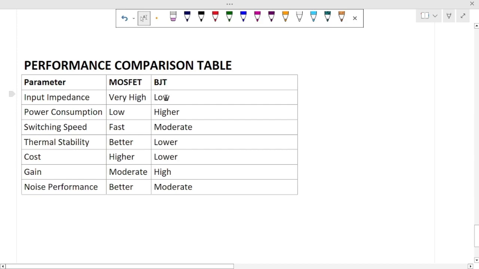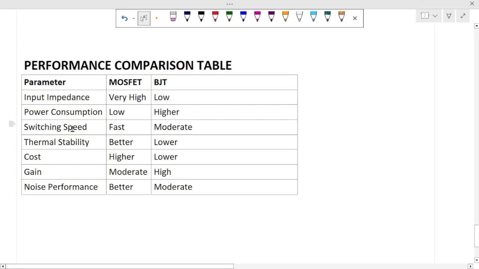Then BJT has low impedance, meaning it draws more current. So because it draws more current, of course the power consumption for BJT will be high. The one that draws less current because of the high impedance will draw what? Less power. So the power consumption for it is what? Low.